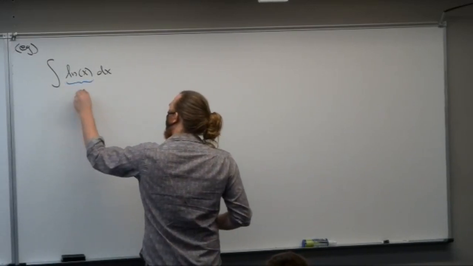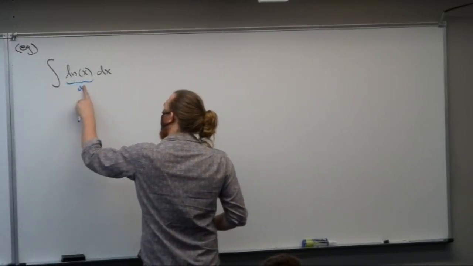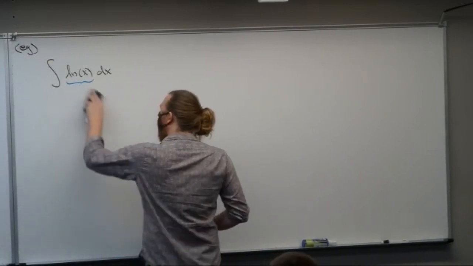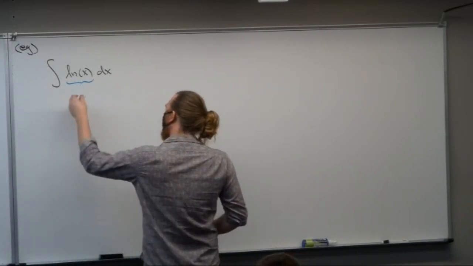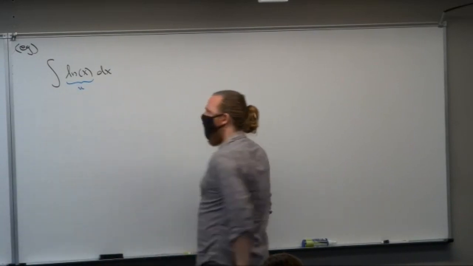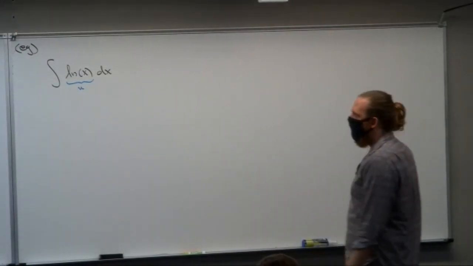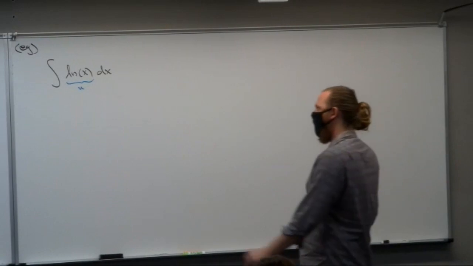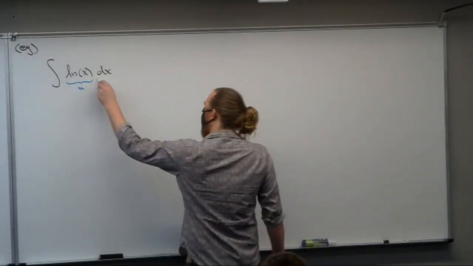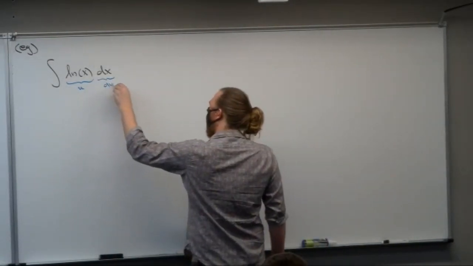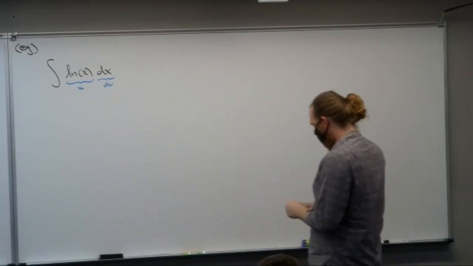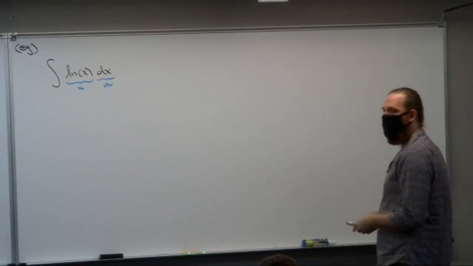I should pick this to be u. You might think, well, there's nothing else left to pick as dv. That's not quite true. dx is dv. And this will work.